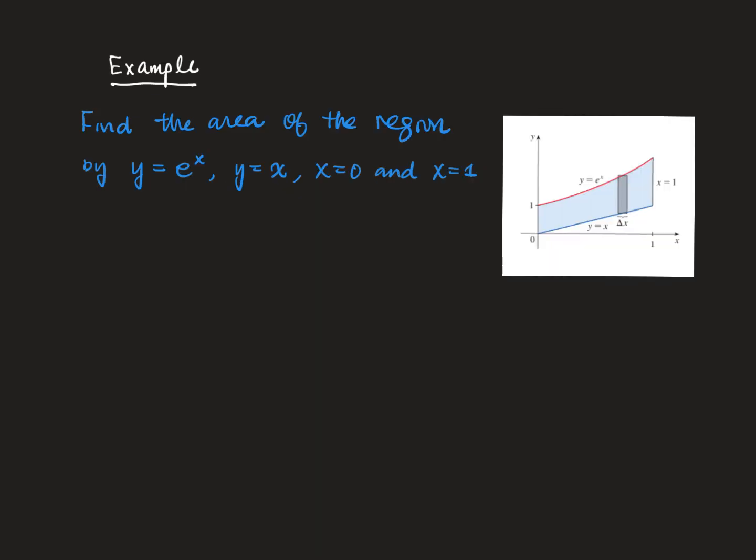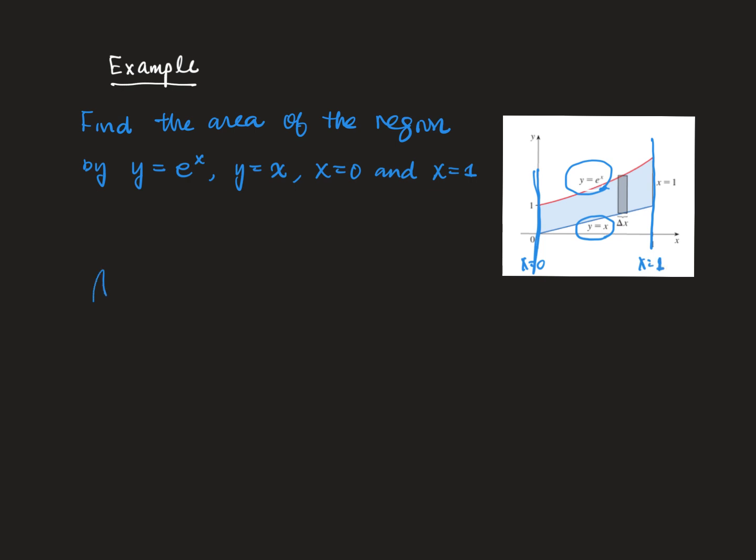Let's see the first example. We're going to find this blue shaded area. The upper curve is y equals e to the x. The bottom curve is y equals x. They're bounded by x equals 0 and this vertical line, x equals 1. So how can we find the area?